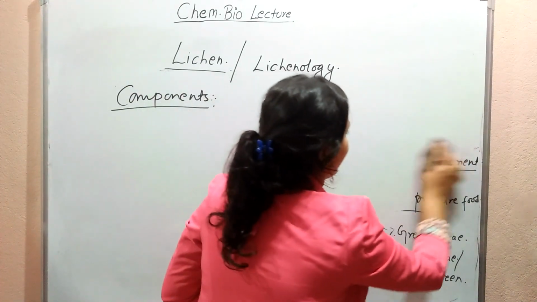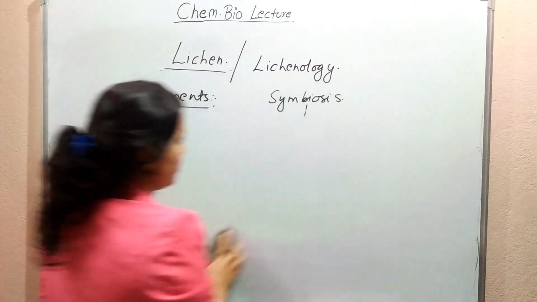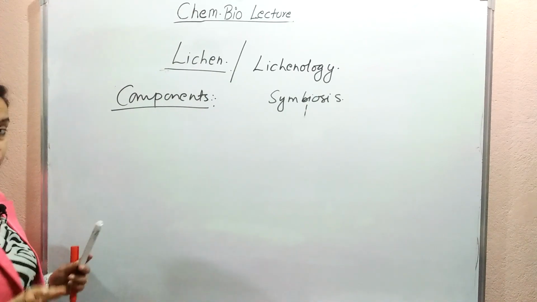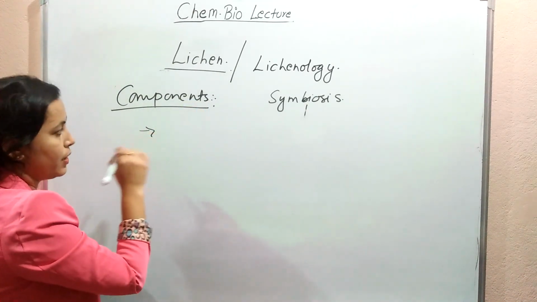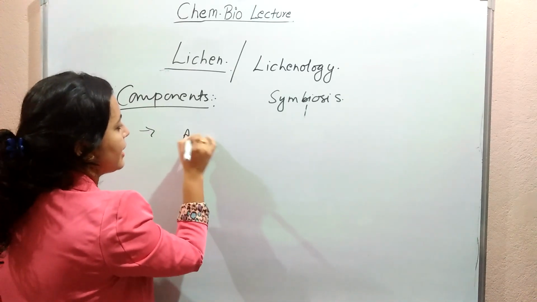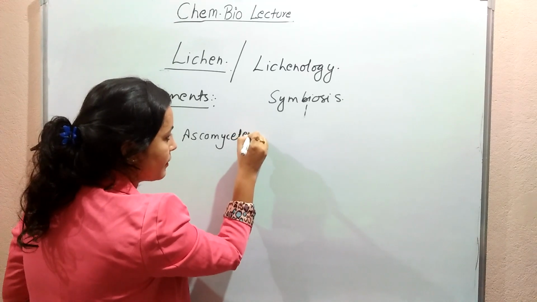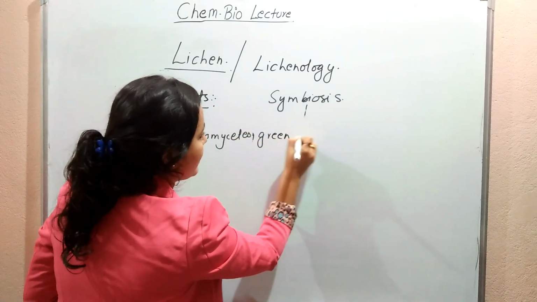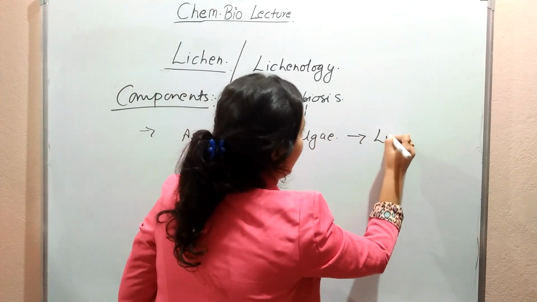So till now we discussed the symbiosis association. Let me discuss one more medical entrance question. Basically, most of the lichens have ascomycetes as the fungal partner and green algae as the algal partner forming the lichen.